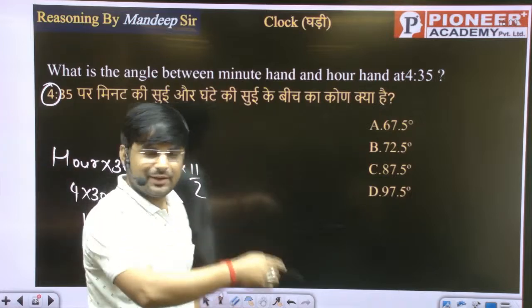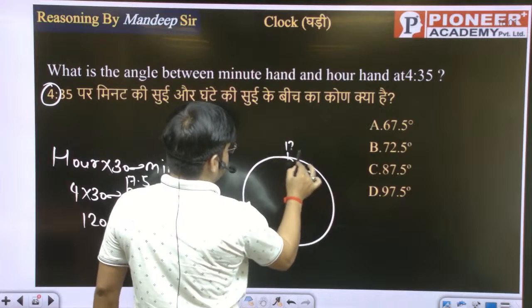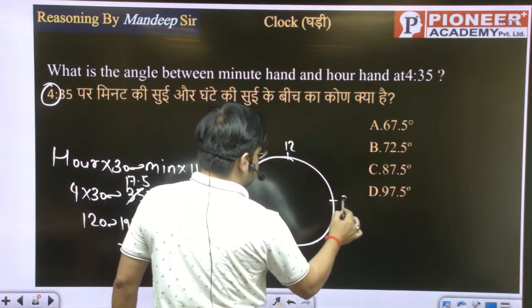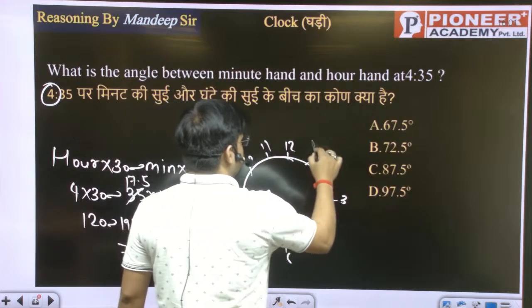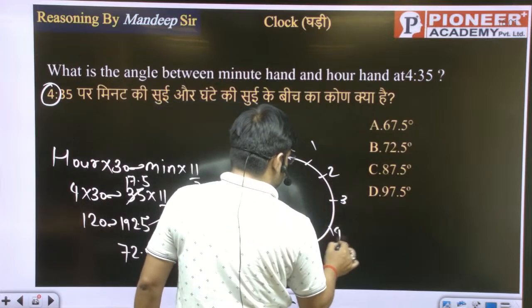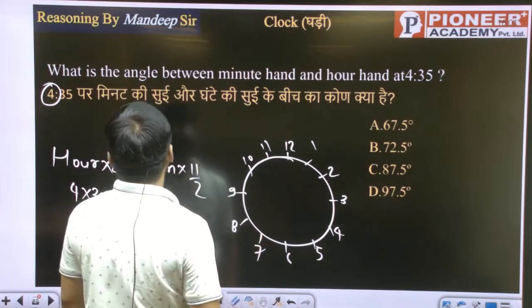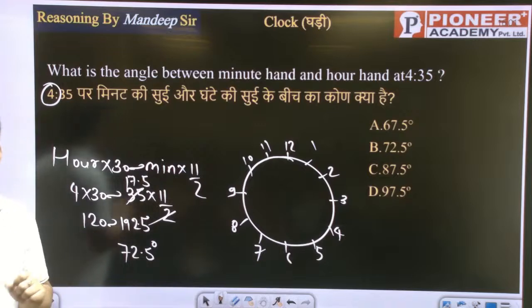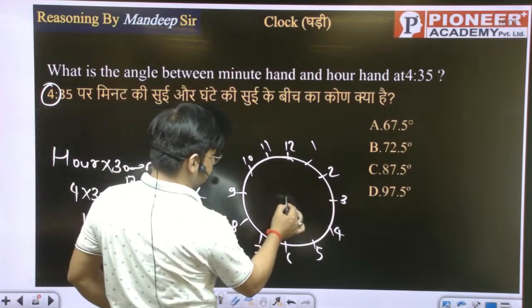Watch. 12, 6, 3, 9, 10, 11, 1, 2, 4, 5, 7 and 8. If the clock is showing 4:35, then the minute hand is on the number 7.